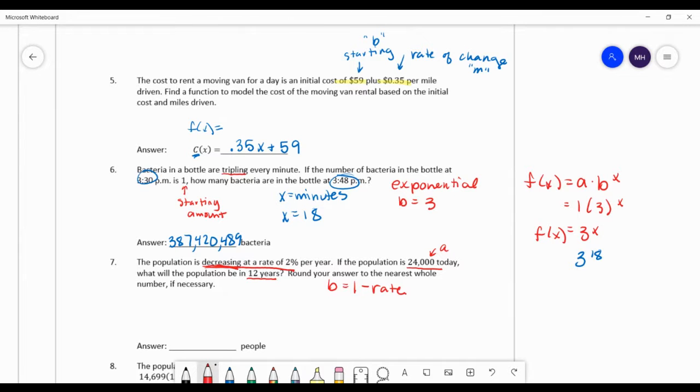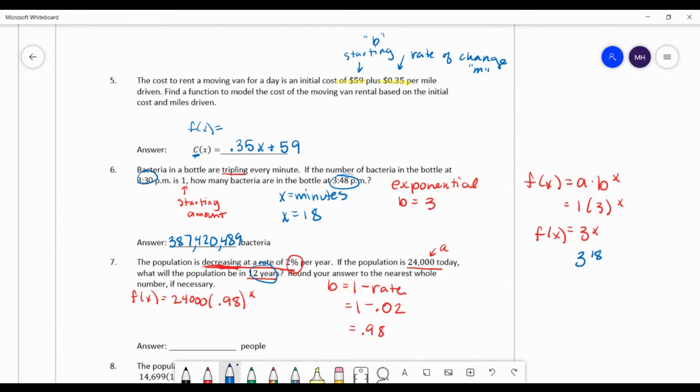And I know it's minus because of this word decreasing. So I'm going to take that rate, 2%, and change it to a decimal. And I would get 0.98. Okay, so when I write my function, I'll have A, 24,000 times B, 0.98 to the power of x.